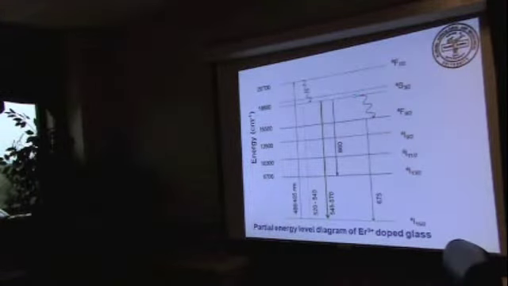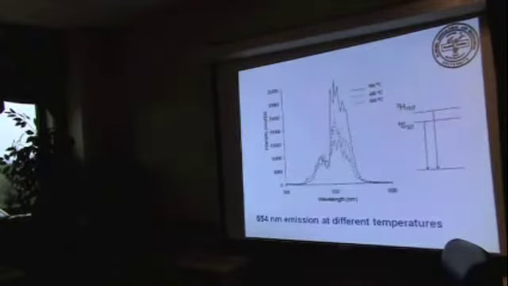So if you measure the lifetime, you get the same value for both. But if you increase the sample temperature, because more and more ions are in this level, the emission will increase. This is shown in the next slide here. As the 4S3/2 population decreases, the intensity is decreasing with temperature. This population increases, you see that it's slightly increasing. So that's exactly what happens.